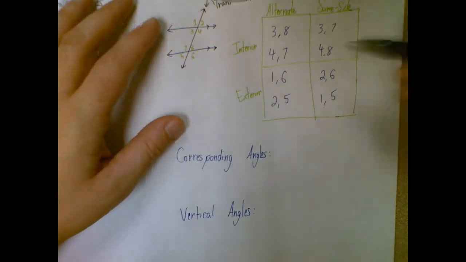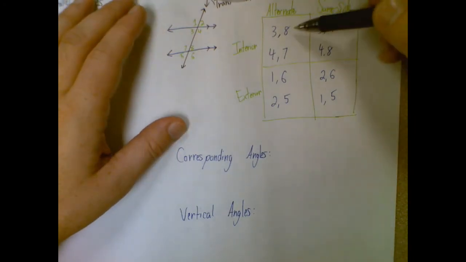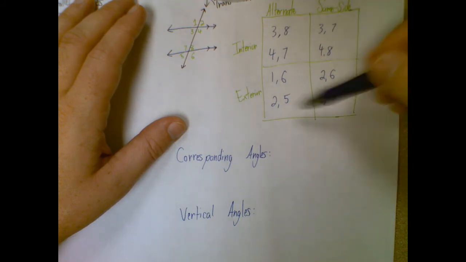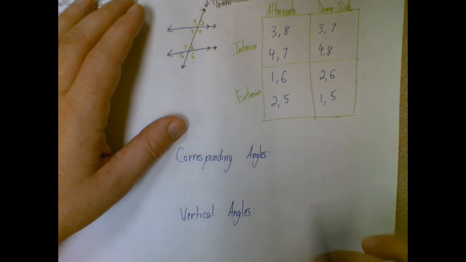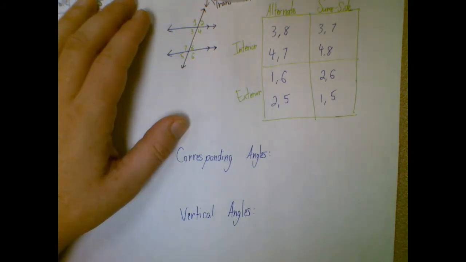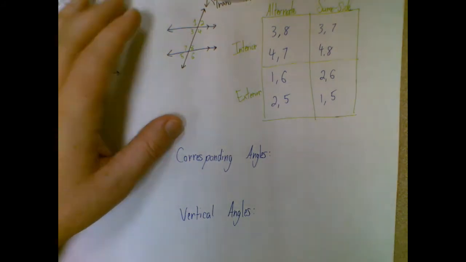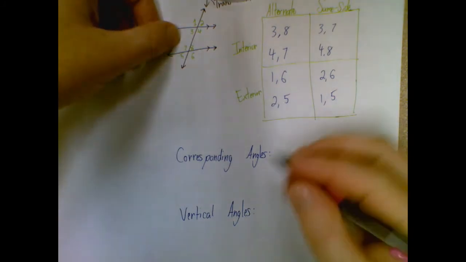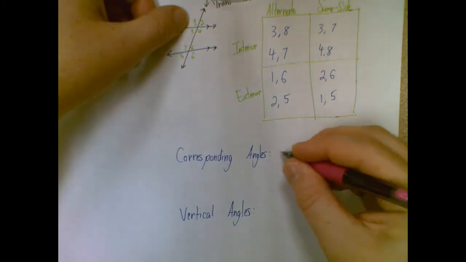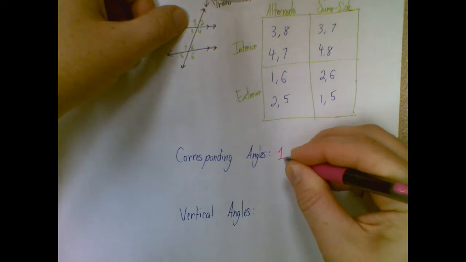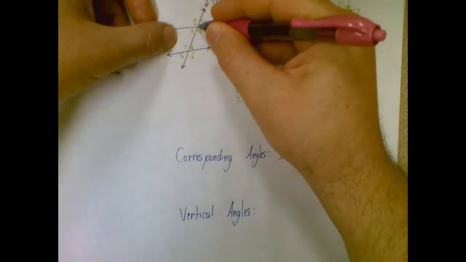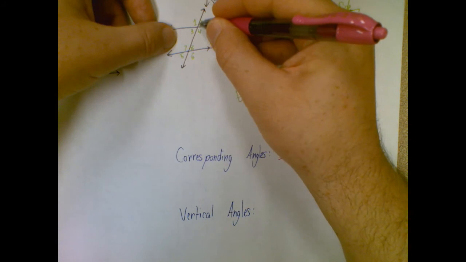But important to note here, for each of these, notice there are two pairs for alternate interior, alternate exterior, etc. You're going to have 4 pairs for each of these sets. So when I'm looking at corresponding angles, I could have 1, which is, if we look at our intersection, in the upper left, so I go up and to the left.